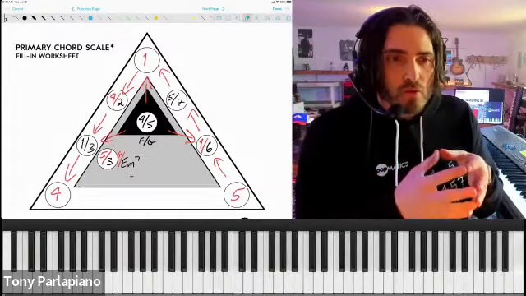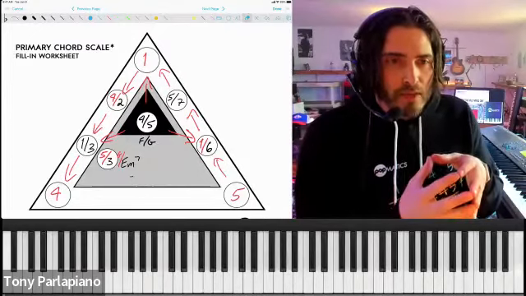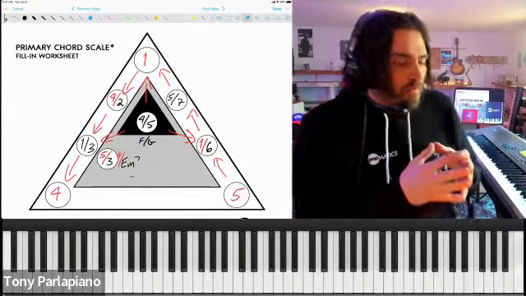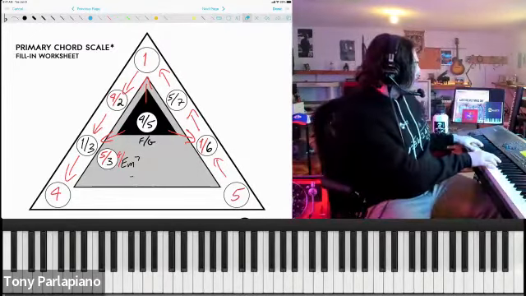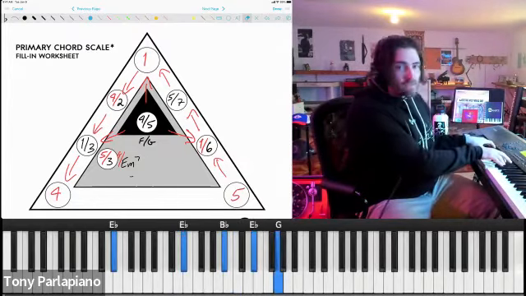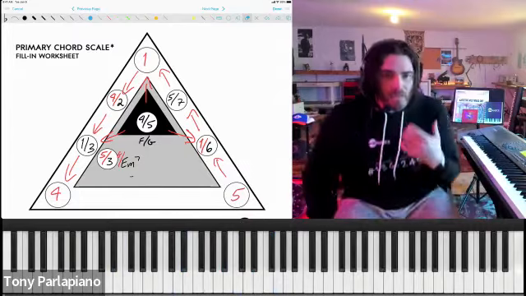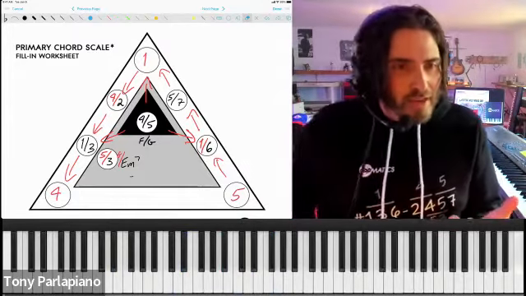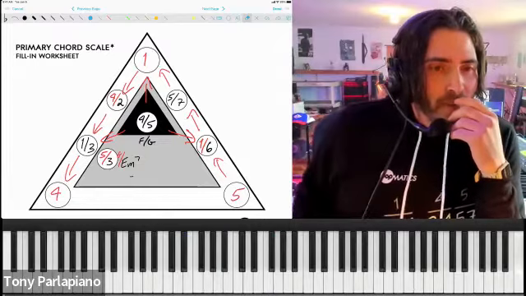So I'll use all of those things like the flat 3. If I was writing this out in minor, I'm going to think of E flat as a flat 3. I'm not just going to think of it as the 3. I don't know if that makes sense.